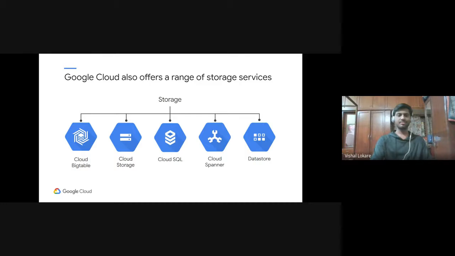In terms of storage, Google Cloud also provides these five categories. Cloud Storage, you can think of it as normal storage that you have, like the pen drive and hard disks, in which you can store any kind of file. It can be a photo, a video, basically anything. Cloud SQL, currently we are having a course.